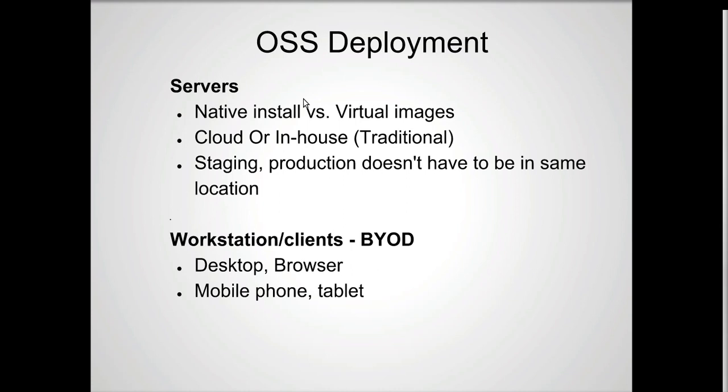It's a lot more difficult with proprietary software because the virtual image contains the operating system, which is usually an open source operating system because of the difficulty of providing virtual images with proprietary operating systems due to licensing issues.